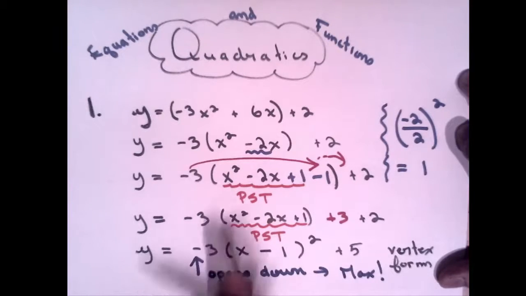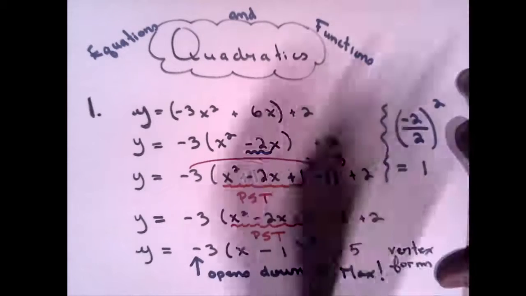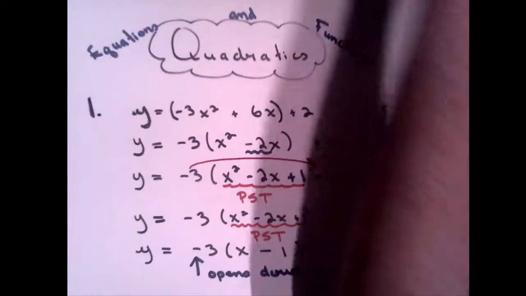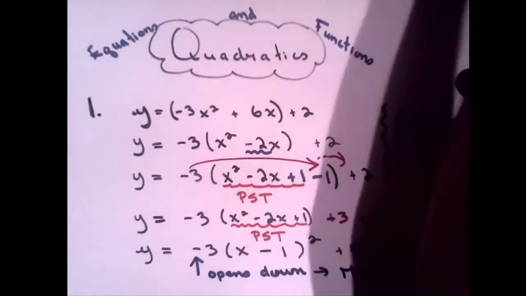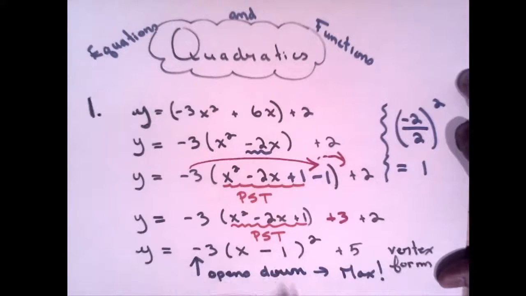What was asked for in the question is what is the vertex, or where does the max occur, which happens to happen at a vertex. And the way you would read the vertex is there's your h value, and 5 is your k value. And for this one, it would be 1, 5.